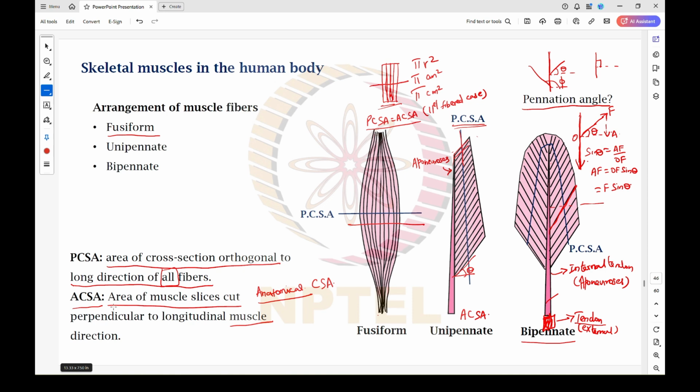The physiological cross-sectional area is the area of the cross-section perpendicular to the long direction of all the fibers. So the direction of all these fibers is here, and the area that is perpendicular will cut across this muscle.